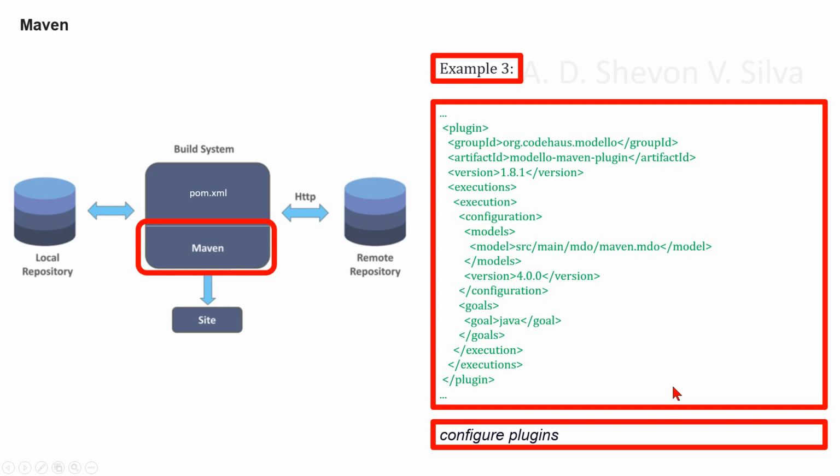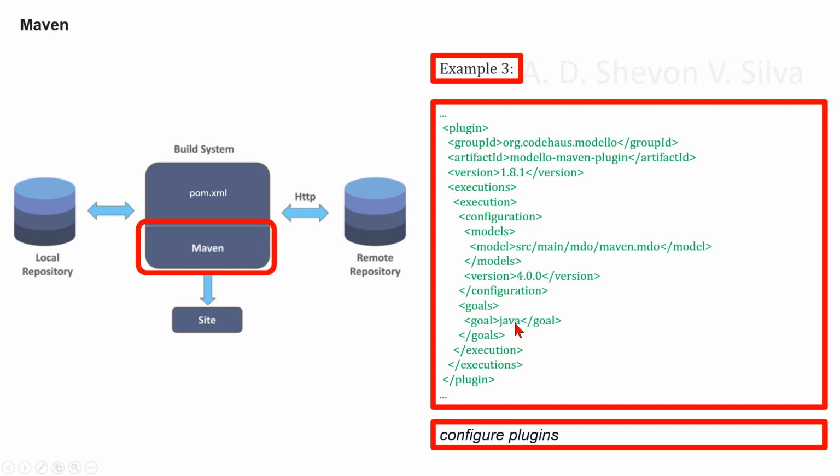For example, here the Modello plugin binds by default its goal modello:java to the generate-sources phase.